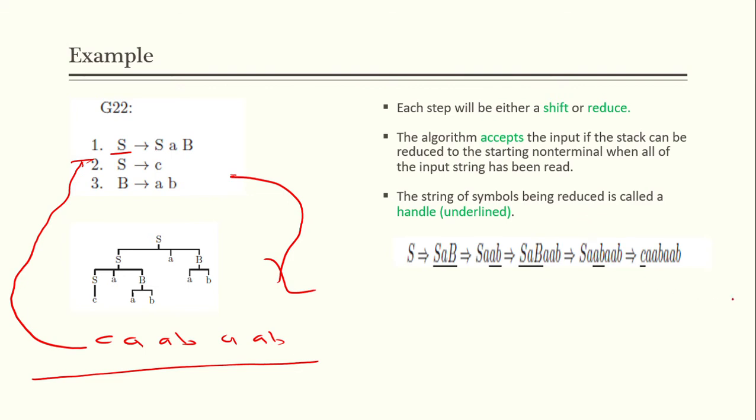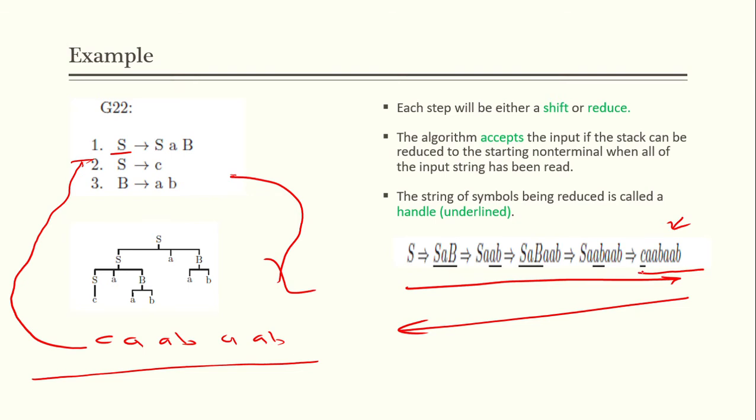If we go from left to right, it is top-down. If we go from right to left, we call it bottom-up. In this chapter, we are interested in the bottom-up approach. So we start from the one on the right-hand side here, which is your input string, C, A, B, B. We want to be able to reduce it until we get S. How do we do that?